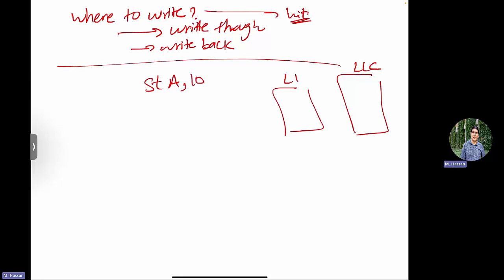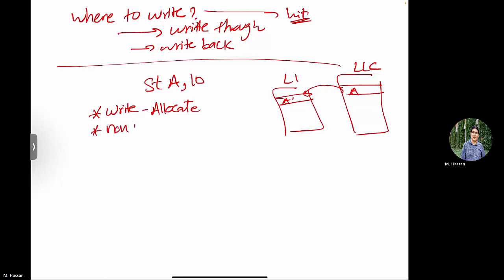Now, should I bring A to the cache and write it here, or should I just write it directly into the LLC? Two techniques are available, something that is called write allocate and something that is called non-write allocate.